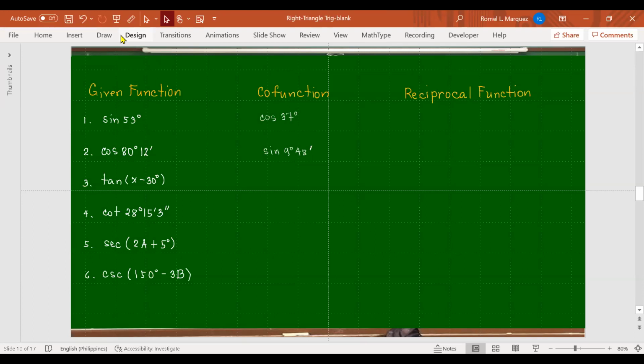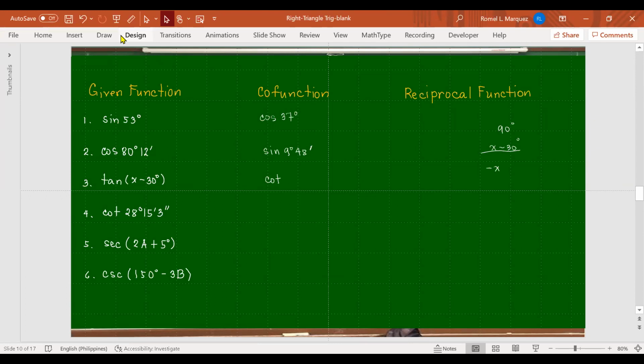Then we have tangent. What is the cofunction of tangent? Cotangent. Let's solve for the complementary angle of x minus 30. X minus 30 when subtracted from 90, what's the answer? 90 minus 30 is 60, and 0 minus x is negative x.